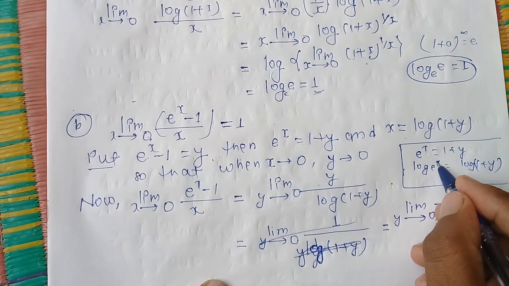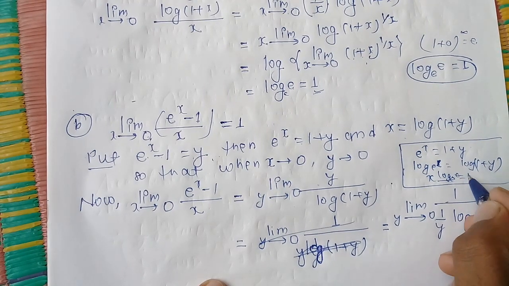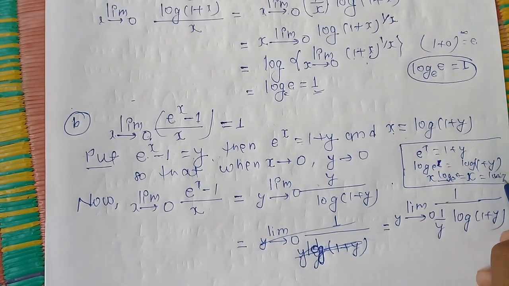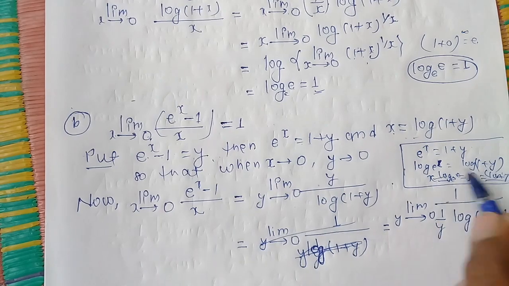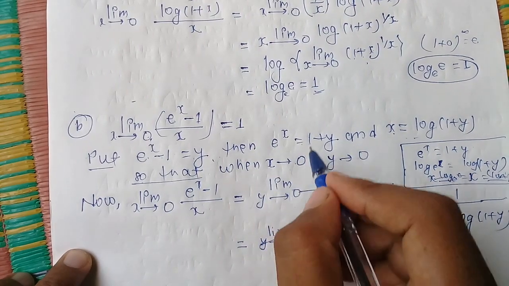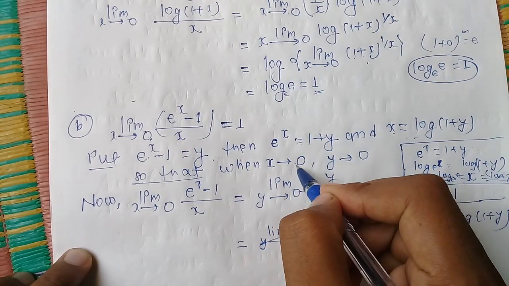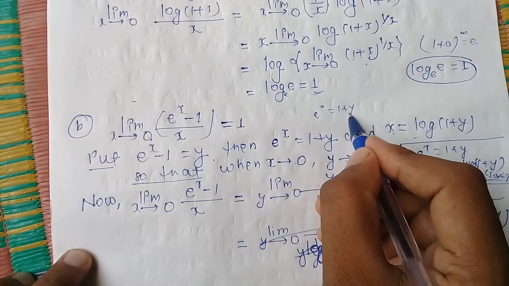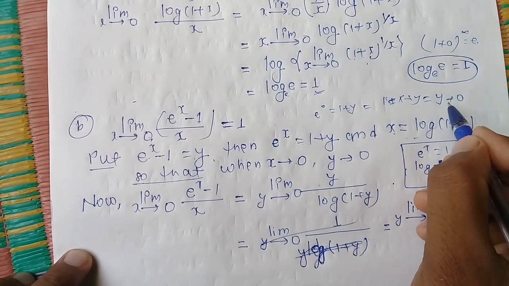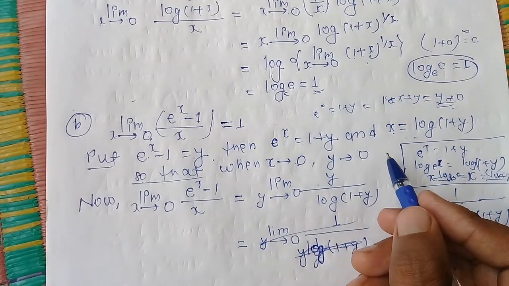Now when x is equal to 0, e to the power 0 is equal to 1 plus y, which gives 1 is equal to 1 plus y, that is, y is equal to 0. Therefore, when x tends to 0, y tends to 0.